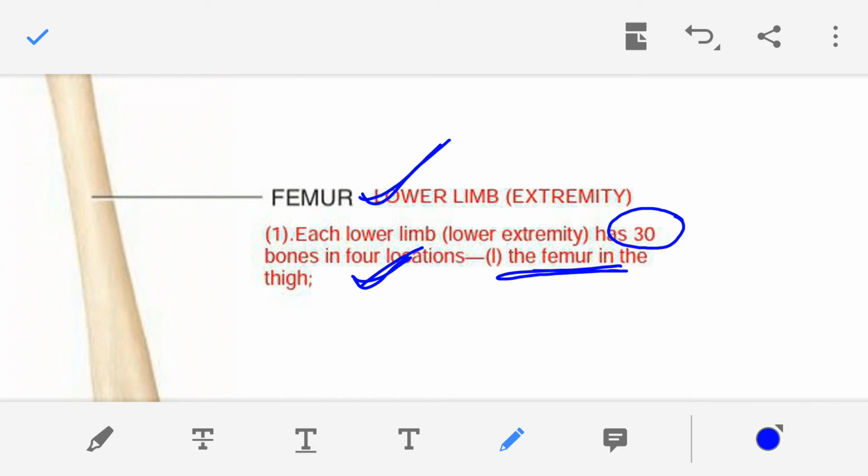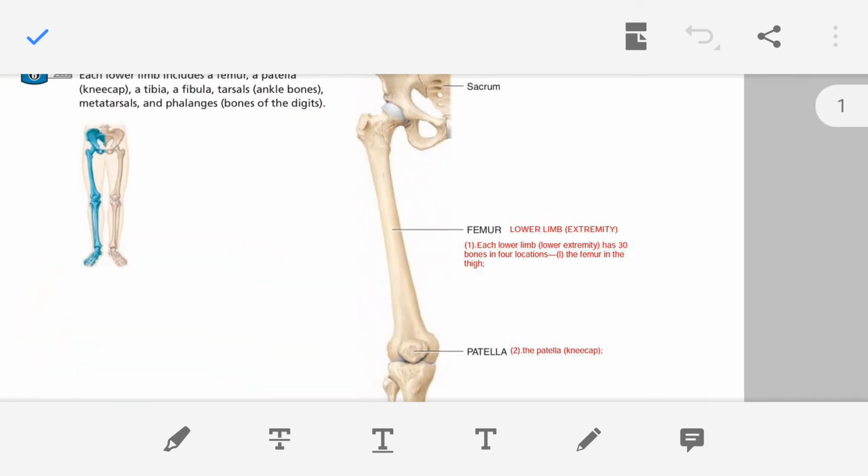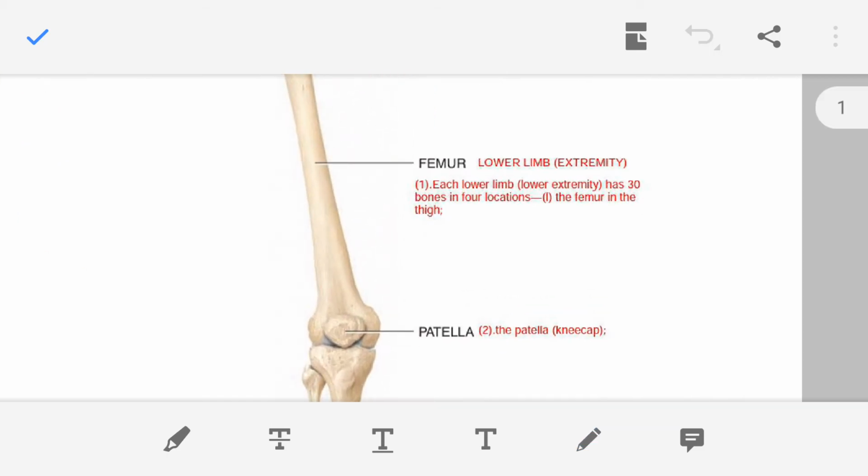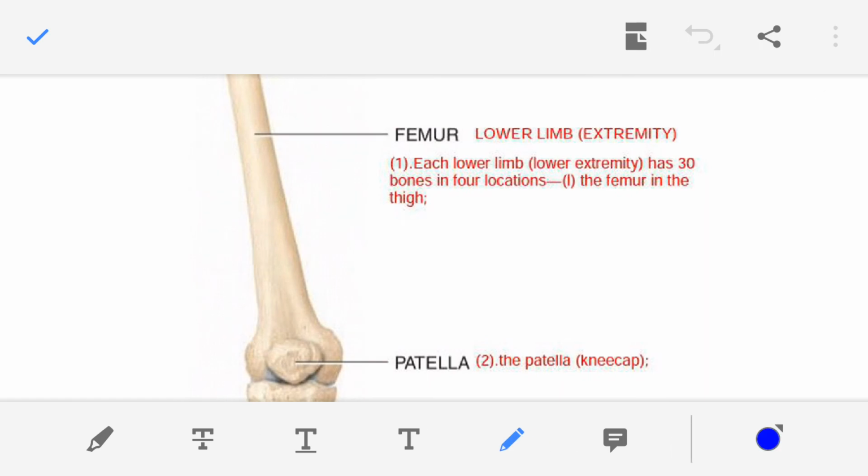The femur bone is present in our thigh. For example, in this figure, this is our thigh, and inside both thighs the femur is present. So this is the first point regarding the femur: femur is present in the thigh.